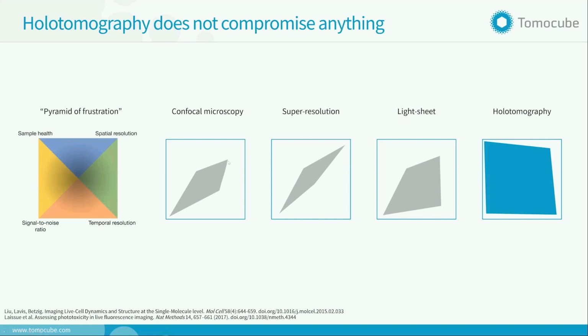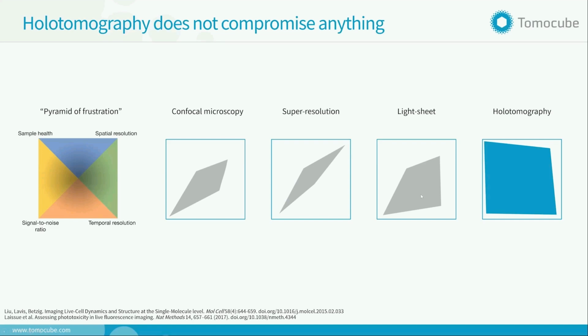For example, a confocal microscope has a very powerful signal-to-noise ratio, but you have to worry about sample health and temporal resolution. Super resolution techniques increase spatial resolution beyond the diffraction-limited spot size, but again, sample health and temporal resolution are limited.